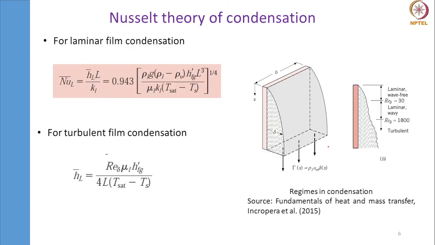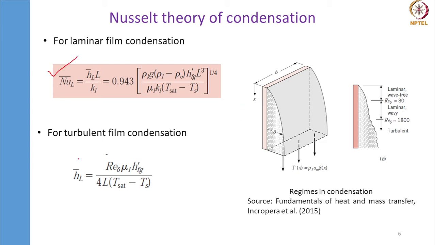To study condensation heat transfer coefficients, Nusselt theory of condensation is one of the most widely used for pure fluids. He has derived equations for the laminar flow heat transfer coefficient and the turbulent film condensation heat transfer coefficient.